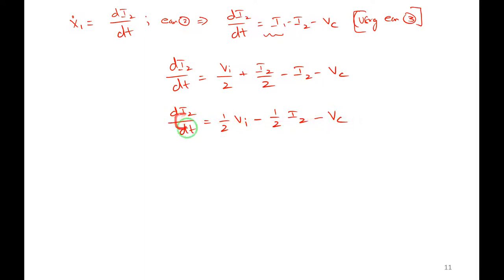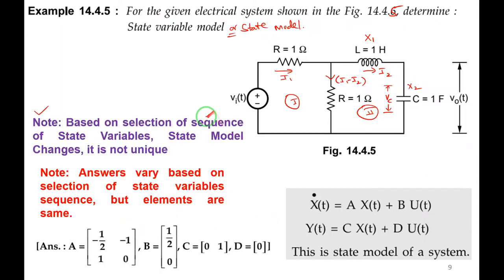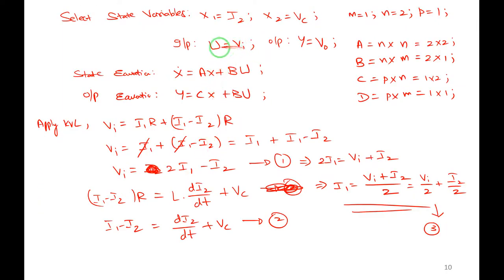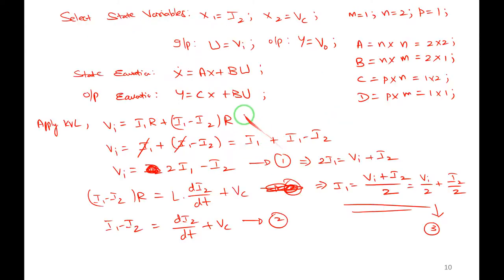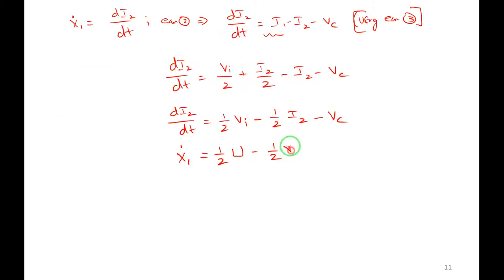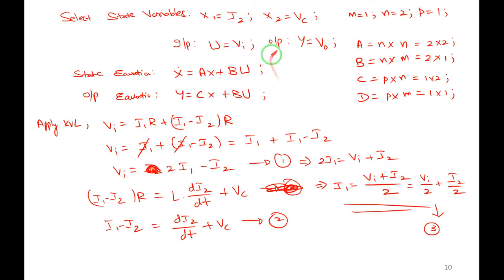Okay. What is di2 by dt? It is x1 dot. So let me replace it, x1 dot. Half times, what is Vi? Vi is u, right? Minus half times what is I2? I2 is x1, minus what is Vc?